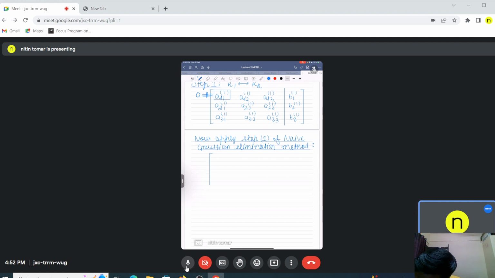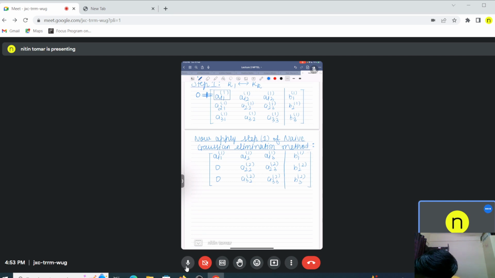The first row is unchanged and the second and third rows change. Here you will have 0, 0, and here you will have something.